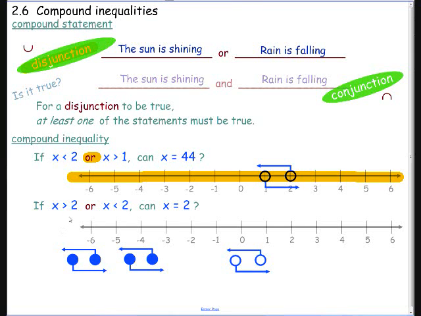Wow. How about this one? If x is greater than 2, so again we're going to have an open circle, or x is less than 2, so we're right here. So we're going to look at the full solution set.